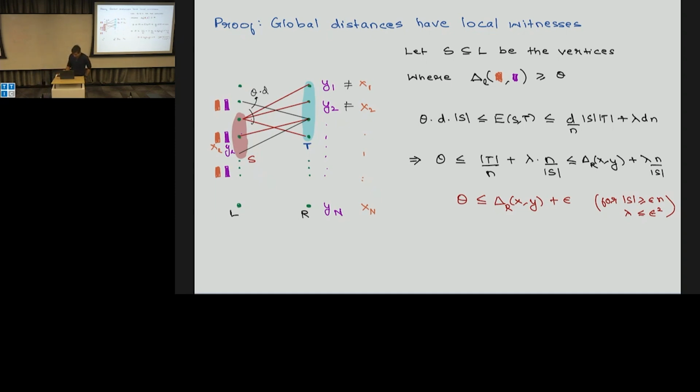And then what this means is that, again, you can choose parameters right. Then you can say that even if an epsilon fraction of left vertices think that locally the distances are large, then globally they have to be large. By contrapositive, the number of people on the left that are hallucinating, that are thinking that the distances are large but they are not large globally, has to be smaller than epsilon.